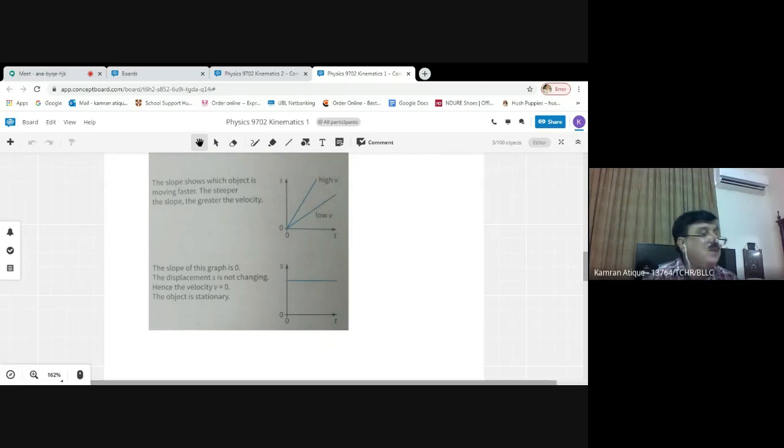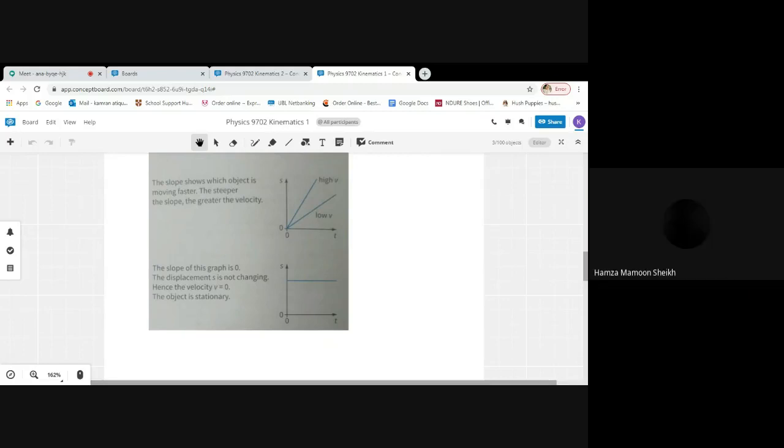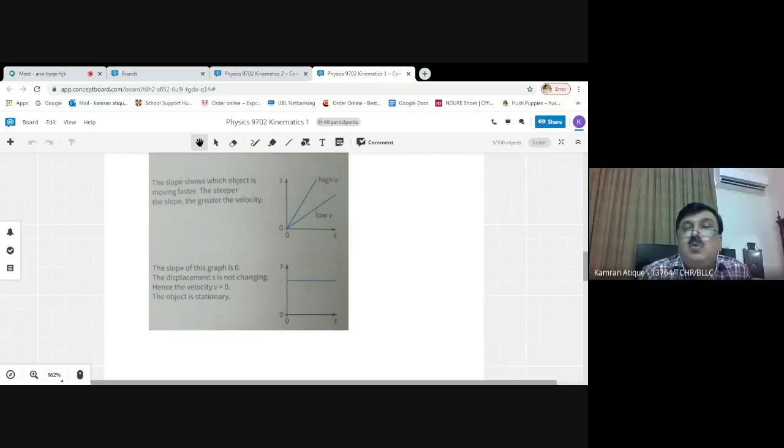What does it mean, Hamza? Sir, this means that the object was at a specific distance from the origin at time zero, and it has not moved. The object is not moving.